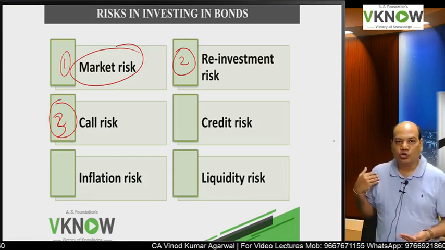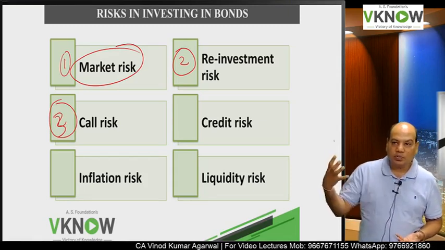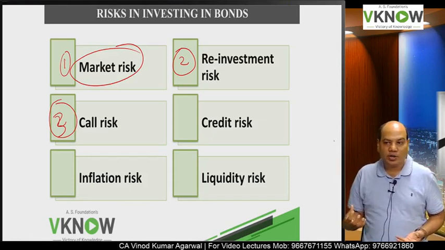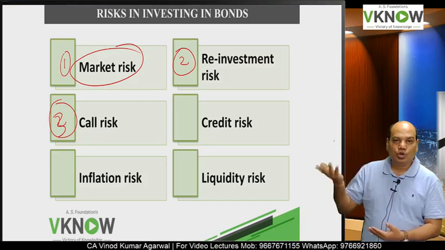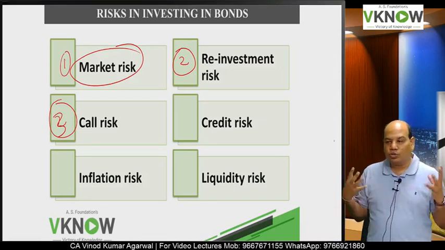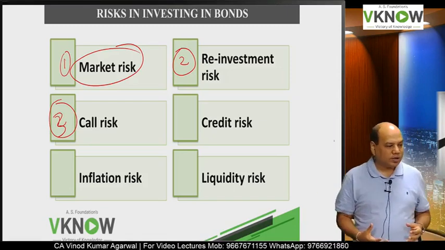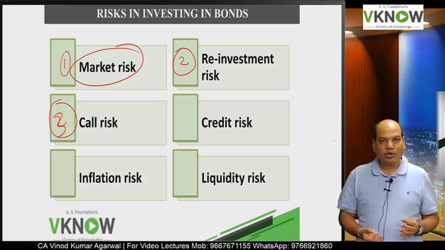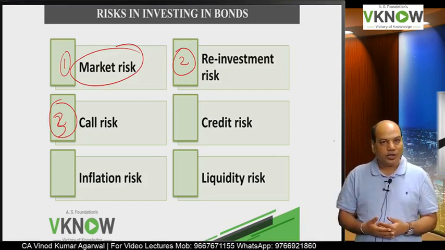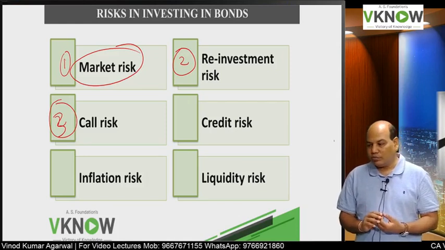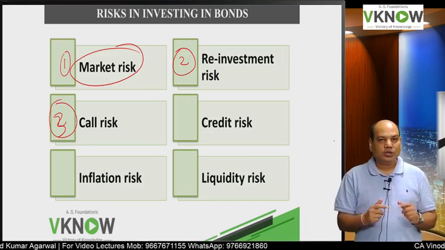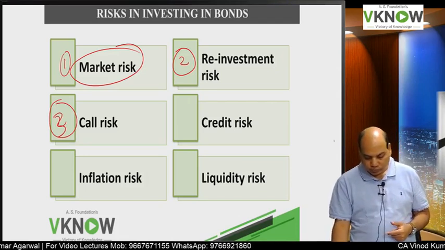At the time of issue of the bond it was 14%, but later the market rate is 9%. So the company will call back the old bonds and issue new bonds. But the investor who was enjoying a 14% interest rate will now not be able to enjoy the same high rate of interest. The company will redeem the bond. That is called a callable bond. It is also very difficult to sell such a callable bond.